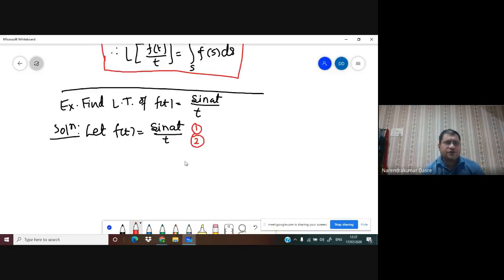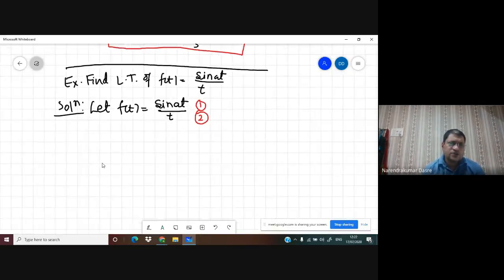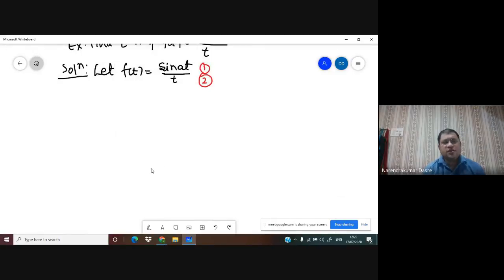Please be careful. If there is more than one term in the numerator, then do not separate them, otherwise you will be in trouble. We have to treat the numerator as one function and then the denominator as a property.